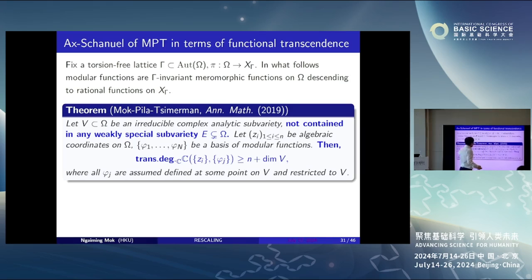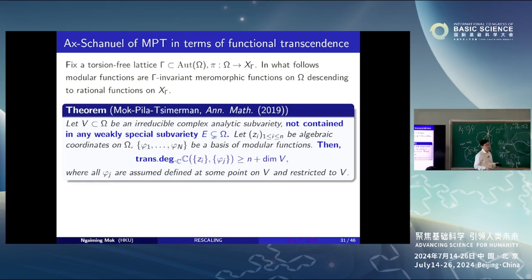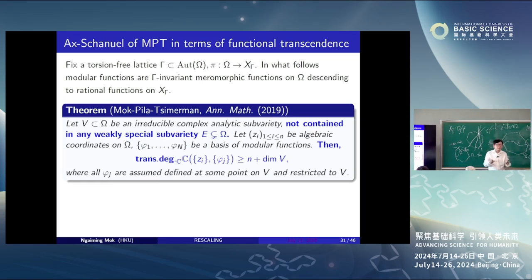But this statement is not going to be true if you take something which is contained in a weakly special variety. So there's some difference from the transcendental number theory version. It's not universally true, it's only true, conjecturally, assuming that it's not contained in something totally geodesic and smaller.